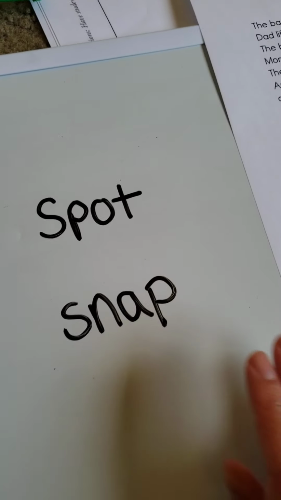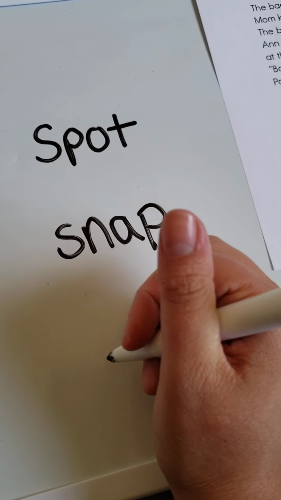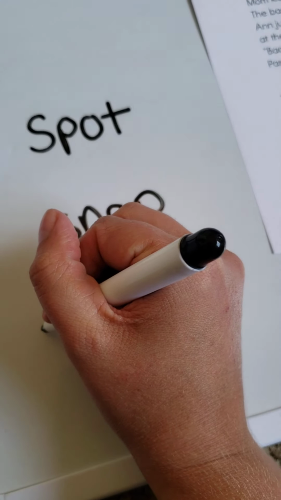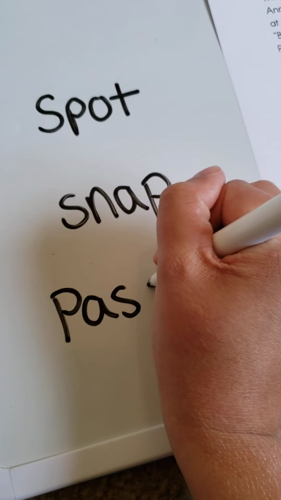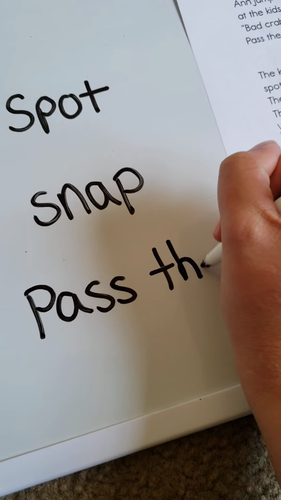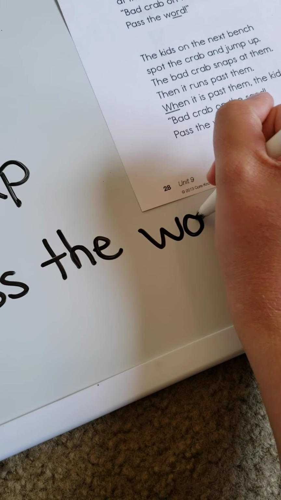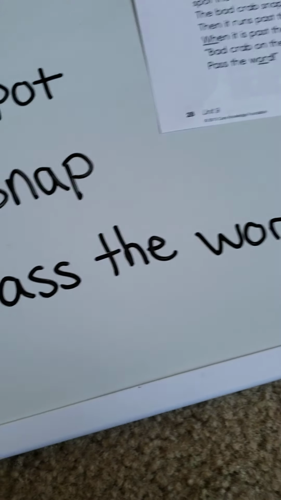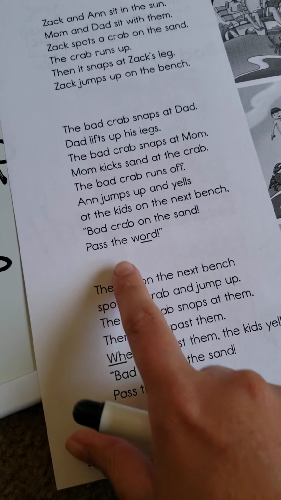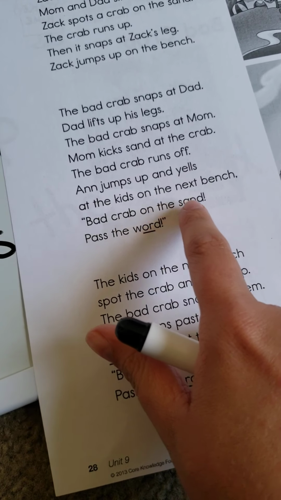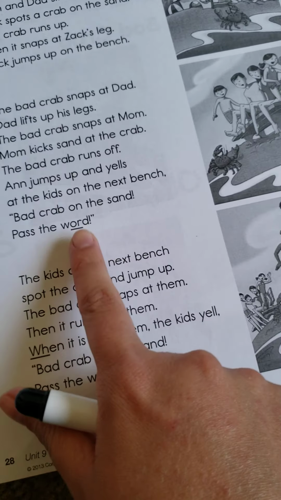Okay? The next vocabulary, actually this is kind of a phrase, is pass the word. Pass the word. So in the story, we heard them saying, Bad crab on the sand, pass the word.